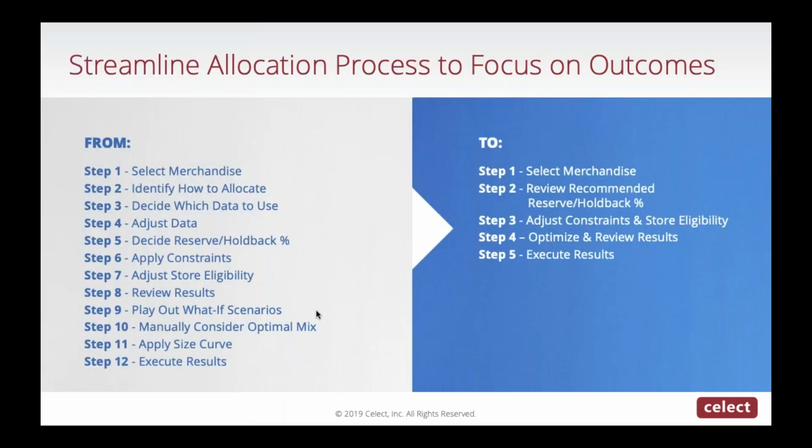So to do that, when you actually break it down, you most likely have lots of steps that you may be going through on a day-to-day basis to get that job done. Take a look on the left-hand side there. Anything from selecting the merchandise, deciding which data to look at, which we just talked about, any adjustments that you need to do, how much you should put out today versus 4 weeks from now, et cetera. Look at the store eligibility, manually considering whether there are any other things that we should change to mix the right products together, size curves, et cetera.